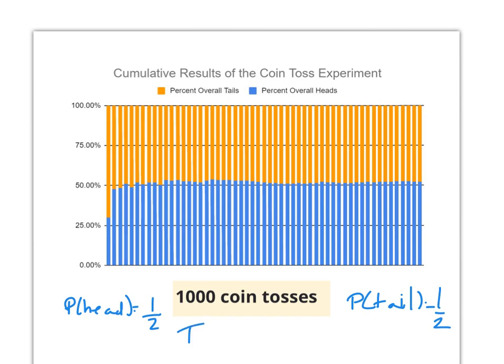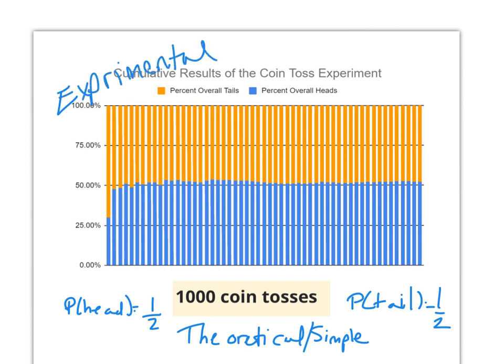This is called theoretical probability, or also called simple probability, which is what we were doing most of last week. What we are working on now is called experimental.